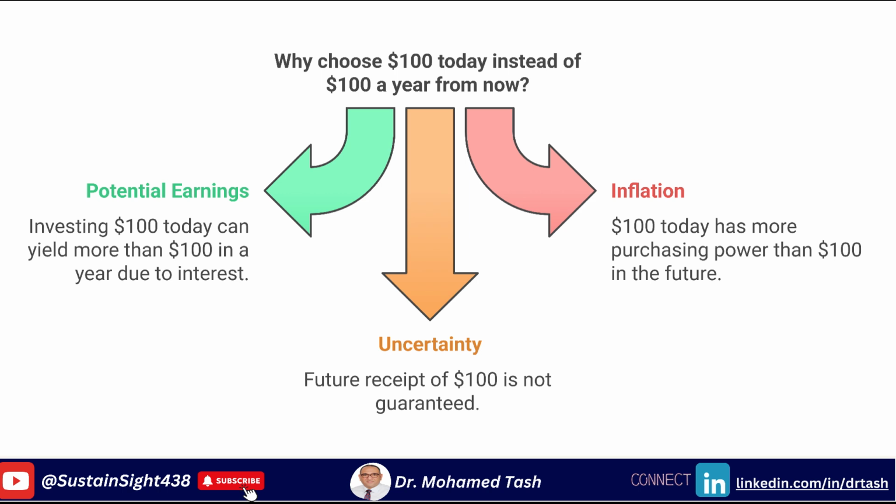Even a small interest rate means that in a year you would have more than $100. Second, inflation. The purchasing power of money can decrease over time. That's, $100 a year from now might not buy as much as $100 today. And finally, there is uncertainty. There is always a chance that you might not actually receive the money in the future.